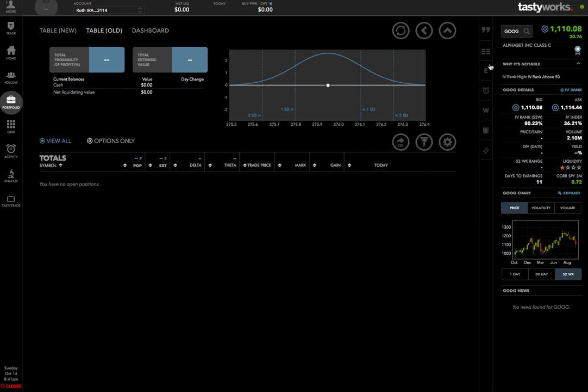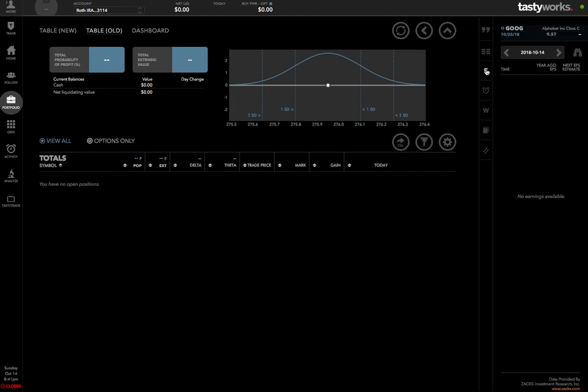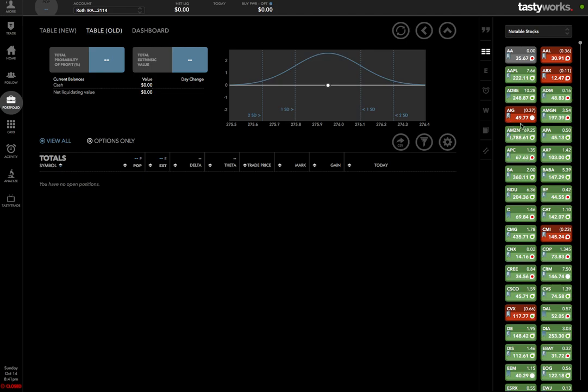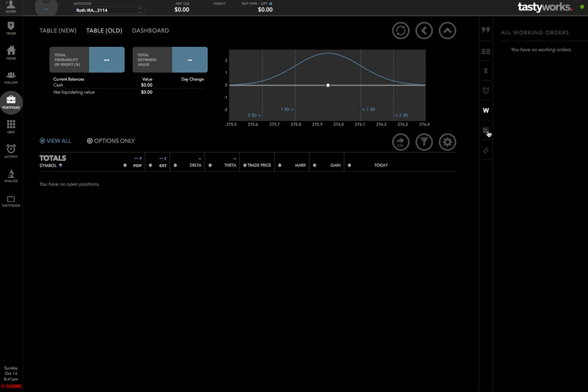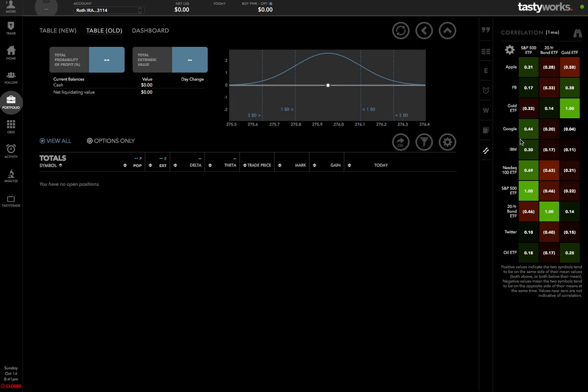Okay, here you could have earnings on the side. You could have notable stocks on the side. And you could have a brief summary of whatever stock you're looking at. Okay, your working orders, and then correlation.